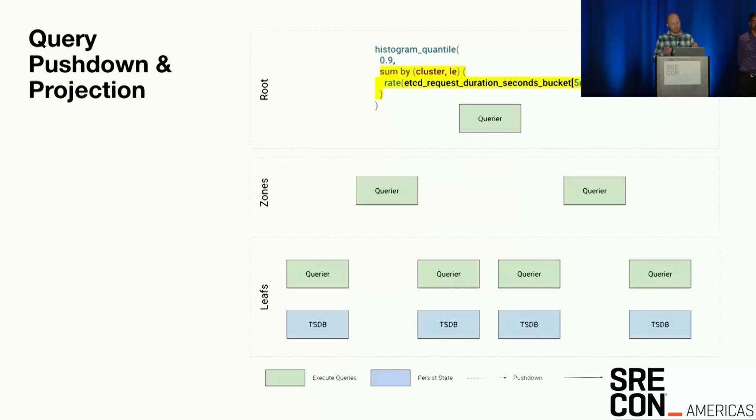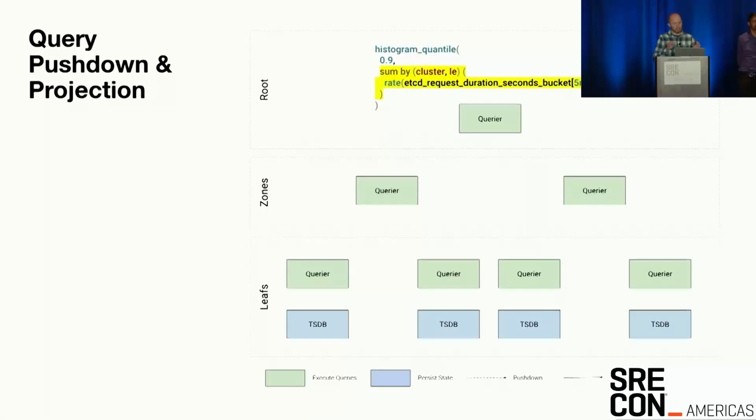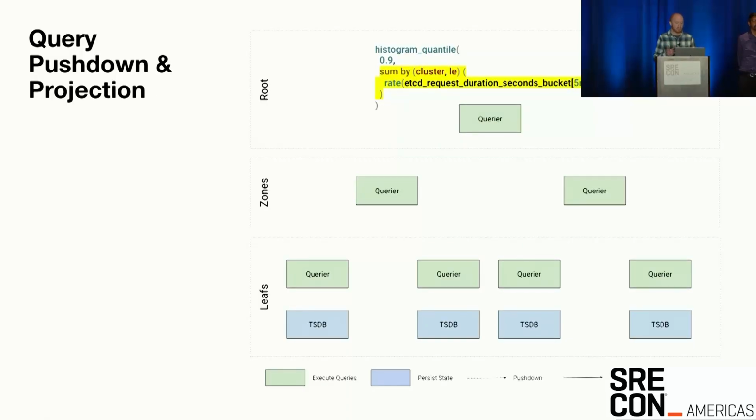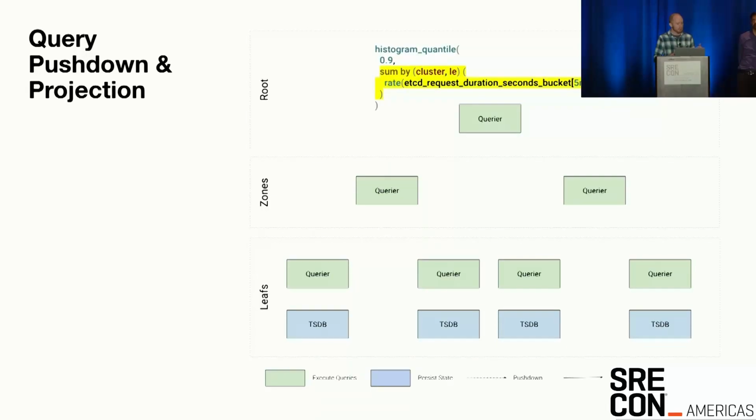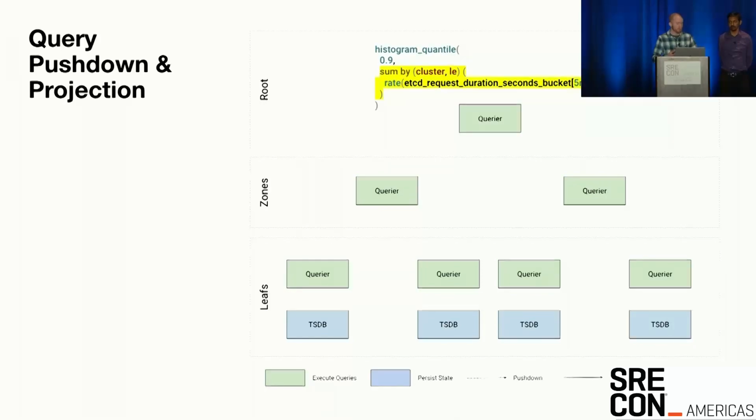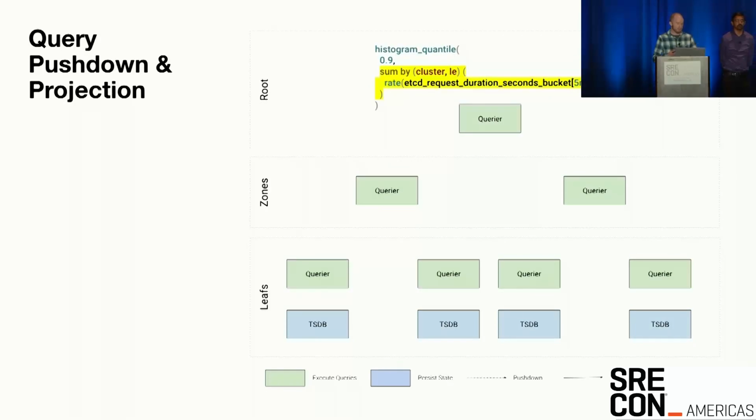Pushdown is what enables us to take mergeable parts of a query expression and push them down to lower tiers to distribute the query execution and also limit data movement. So given this example, we have a pretty typical histogram quantile query, and there's typically going to be a sum in there.